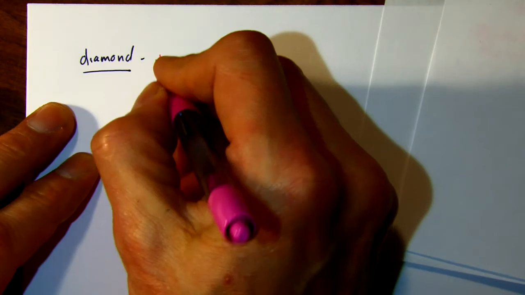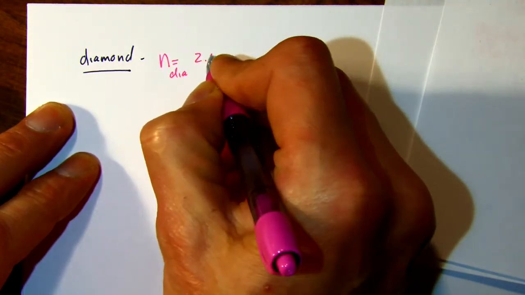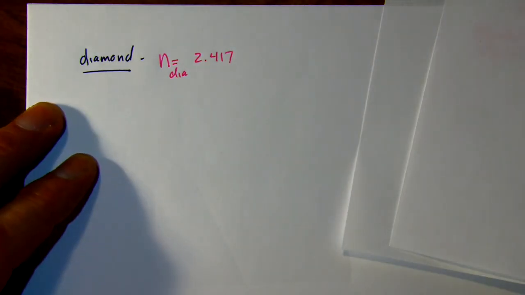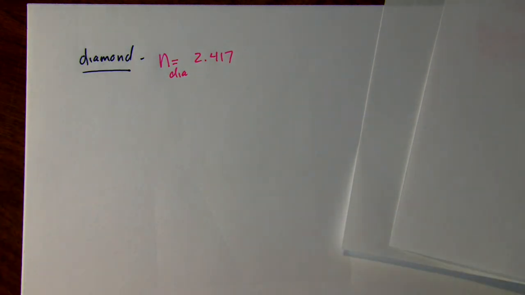I thought it couldn't be any more than 2, but diamond is 2.417. Okay, and let's just take some regular glass. We could talk about glass and see what it is. They're not showing it.